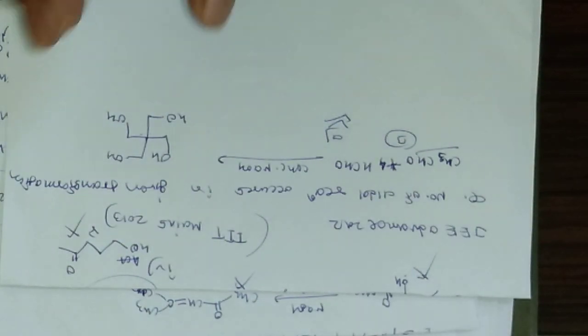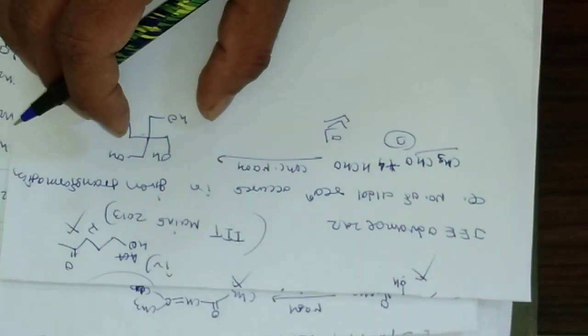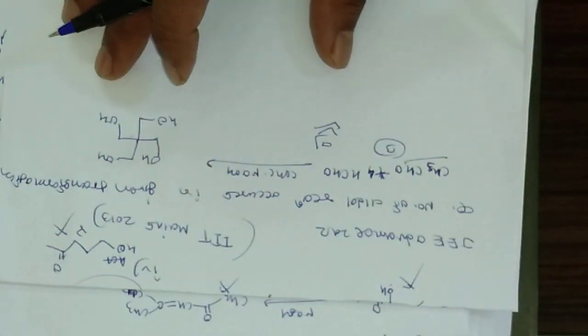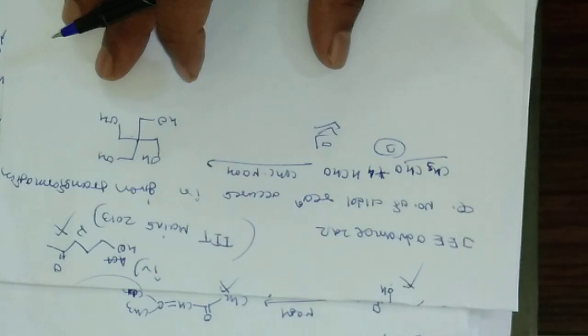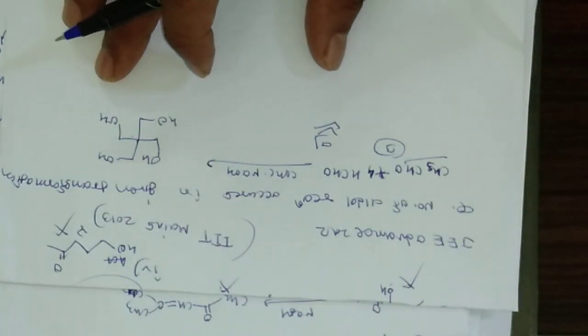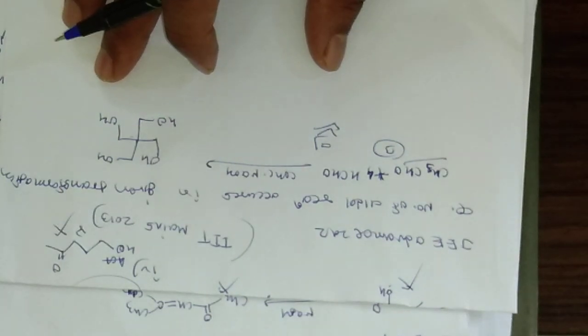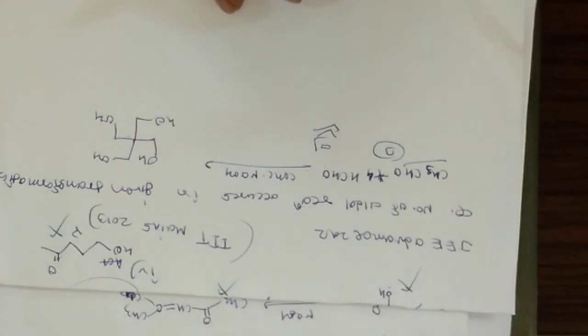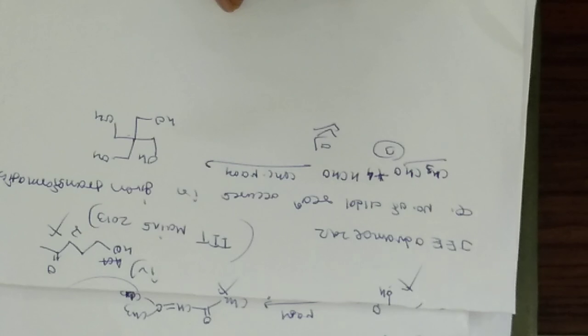And how will these products be formed? First, three aldol reactions will occur, and next a Cannizzaro reaction occurs where no alpha hydrogen atom is present. But I am not discussing the Cannizzaro reaction now, because it is a little different from the aldol reaction.